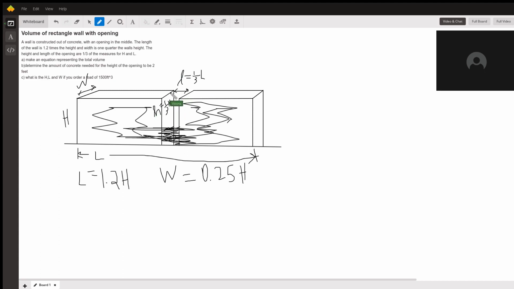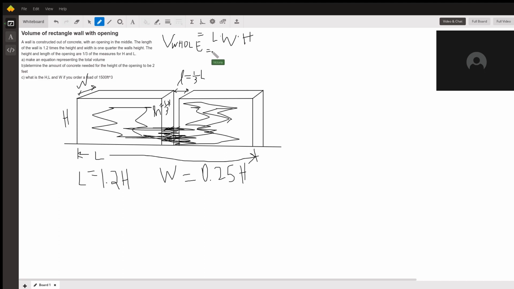And the width stays the same because you want the wall to be the same width. So let's make two volumes. The volume of the whole wall, assuming no opening, is length times width times height.